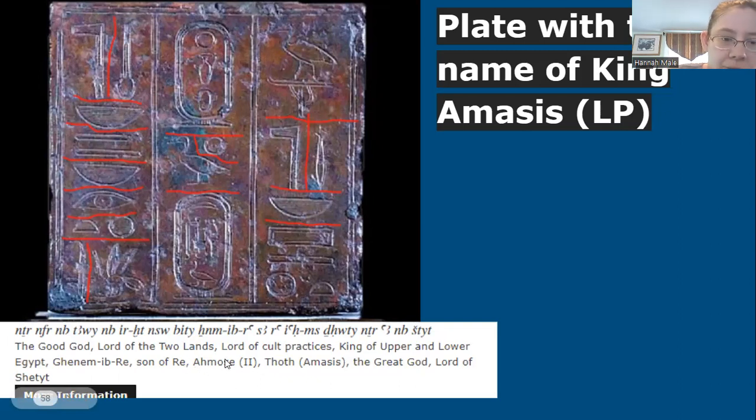So you have Amhos 2, which is this chunk here. And then you have the word for Toth. So I think that's this chunk here. Then the great God part is this N underlined TR.